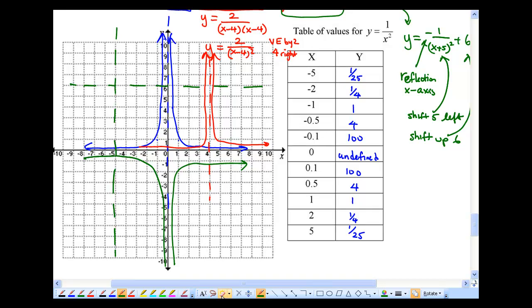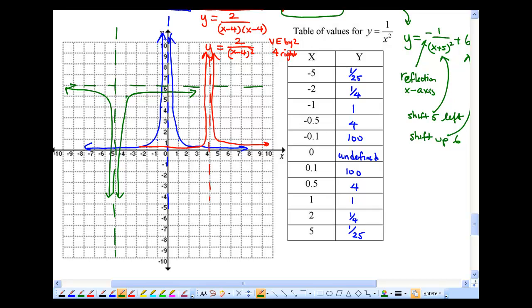And instead of having it down here, let me erase them, and draw them up here. And there's my answer for the third one.